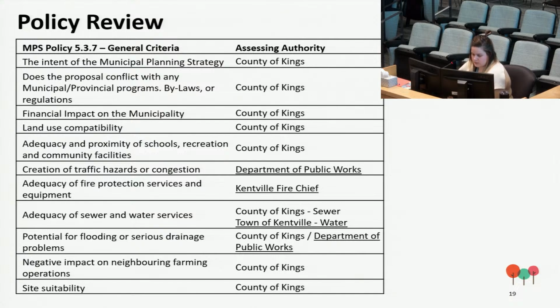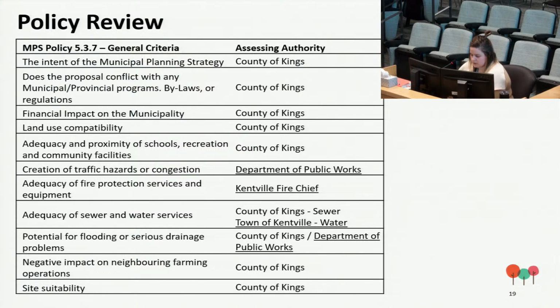The site is in proximity to a range of schools, training facilities and amenities and parks. Staff did consult with the Department of Public Works in regards to traffic hazards and the adequacy of the road network, and they expressed no concerns. Similarly, with fire protection services and equipment, we did consult with the local deputy fire chief and no concerns were indicated.